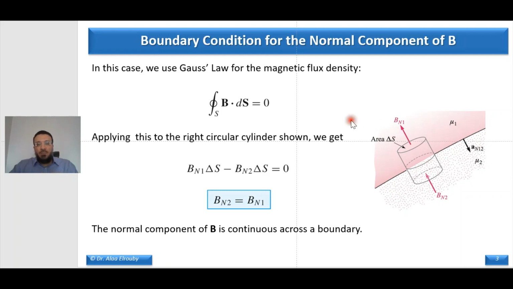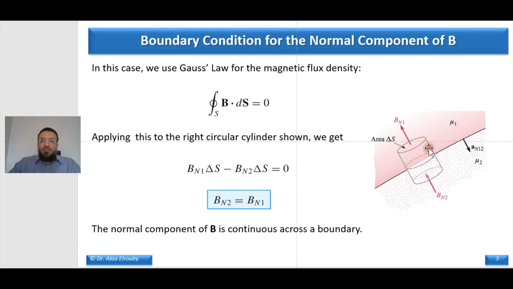So applying this B dot ds, we have 3 surfaces, the top, the bottom, and the side. The height of the cylinder is very small, so the side surface is negligible, and we only have the flux out of the base or the bottom side and the flux out of the top side.